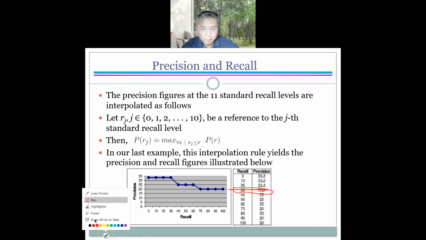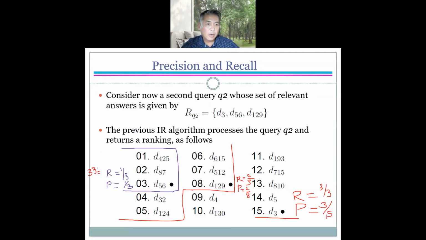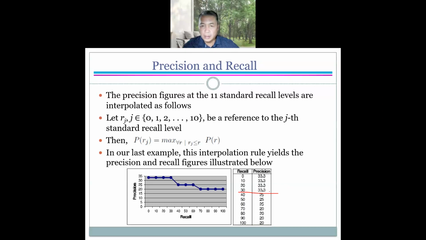In the graph we just put a circle there, and we put the precision to be 33 also. We only have this one, so the rest of this will be copied going up.